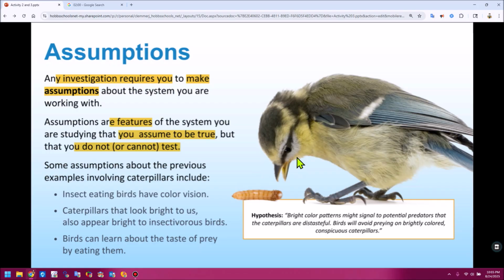Okay, so that is a difference between a hypothesis and an assumption. An assumption is something you accept as true without testing it. A hypothesis is an educated guess that we test. An assumption is not based on experiment or observation. A hypothesis is based on observation or prior knowledge.